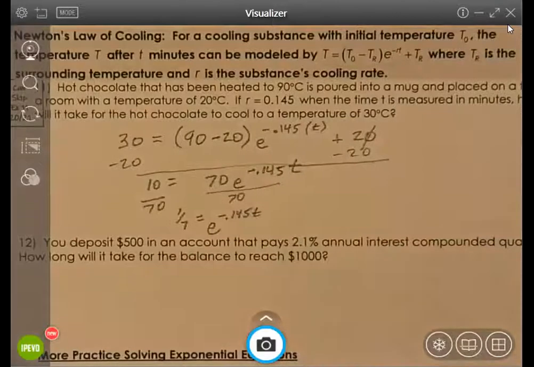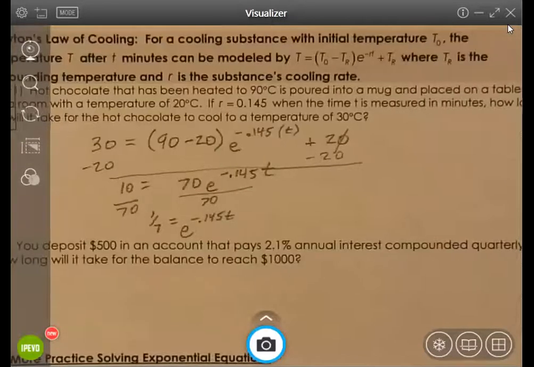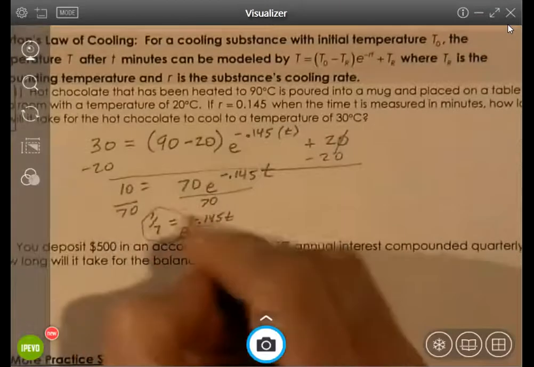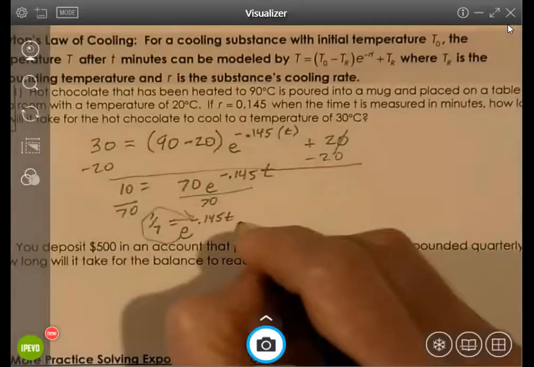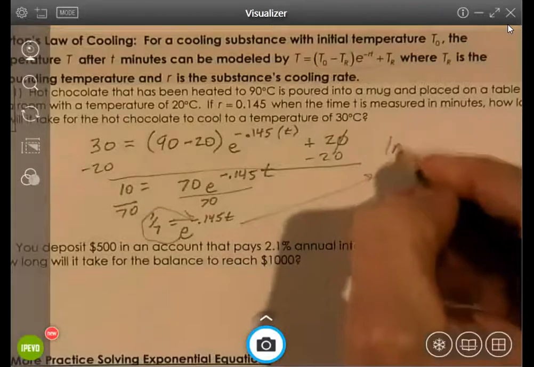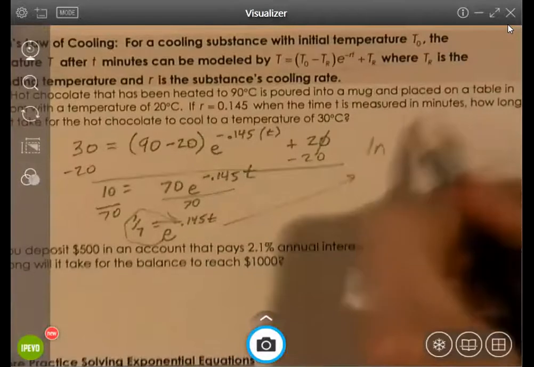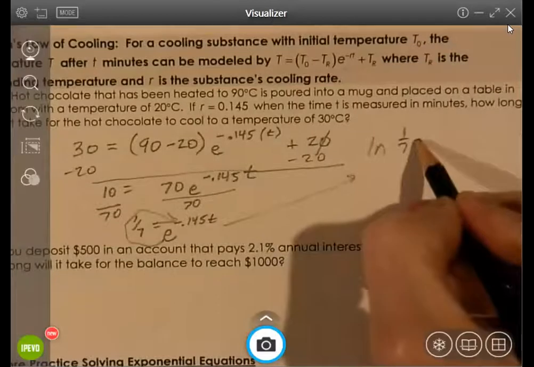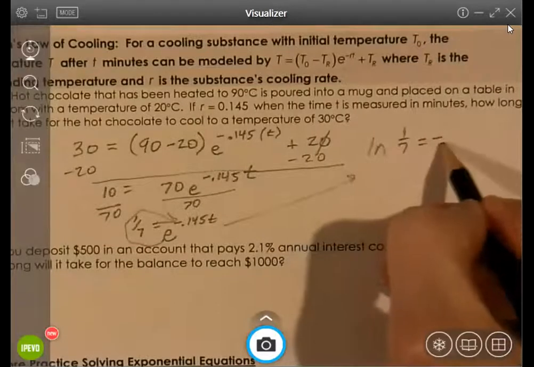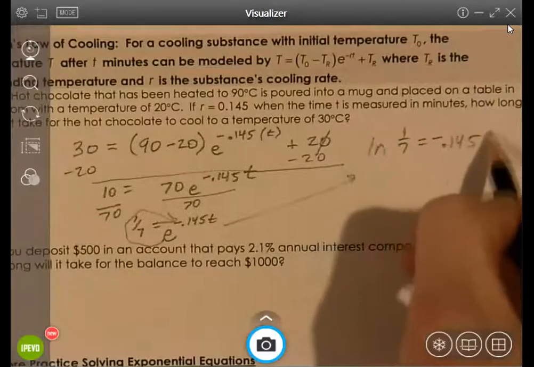Now we have a base of e. When you have a base of e, you're going to use a natural log. We have the natural log of 1/7, which equals negative 0.145 t.